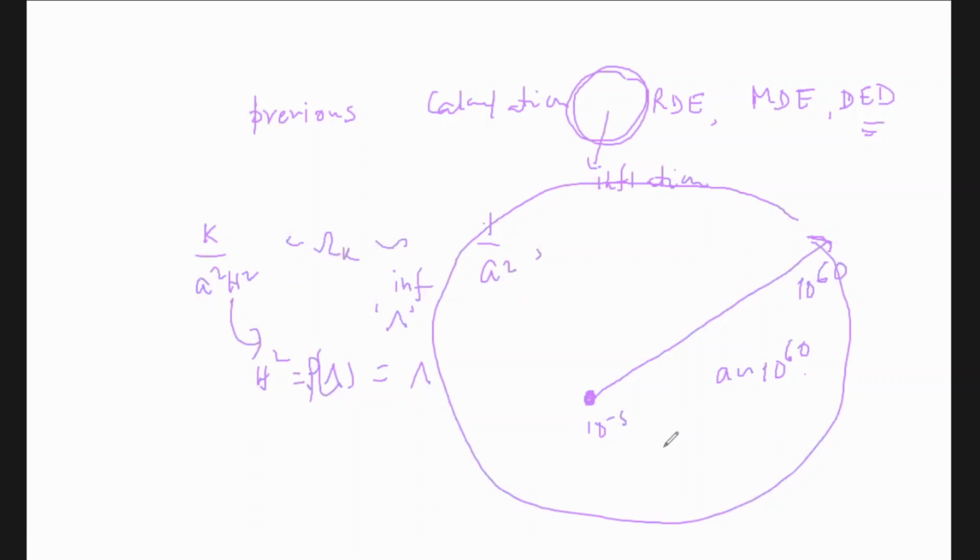So how much will be the value of omega k at the end of inflation, when the inflation stops in nanoseconds? It will be the initial value of 10 to the power minus 5 times how much? 10 to the power minus 120. Very nice, because it goes as 1 by a square, and a has become 10 to the power 60.